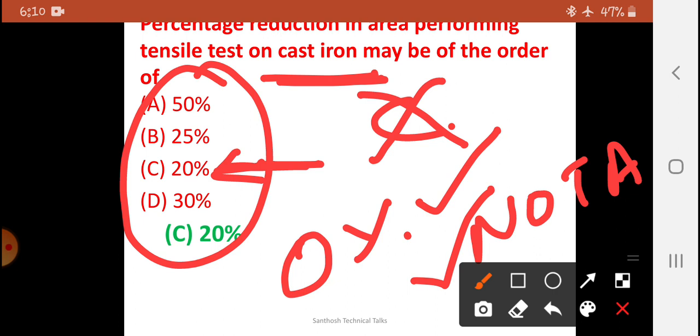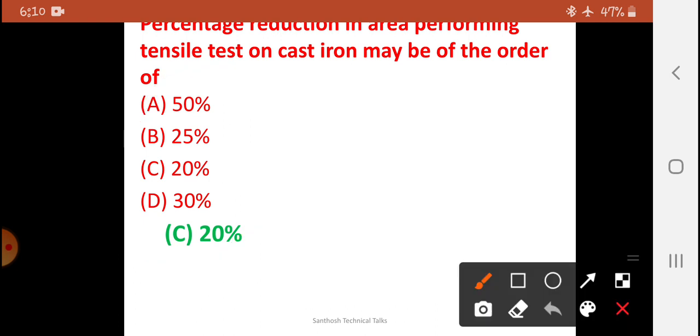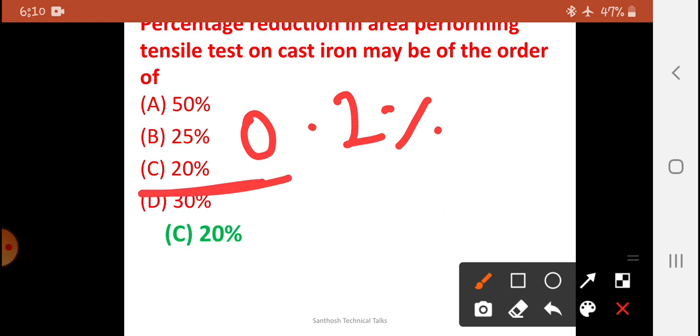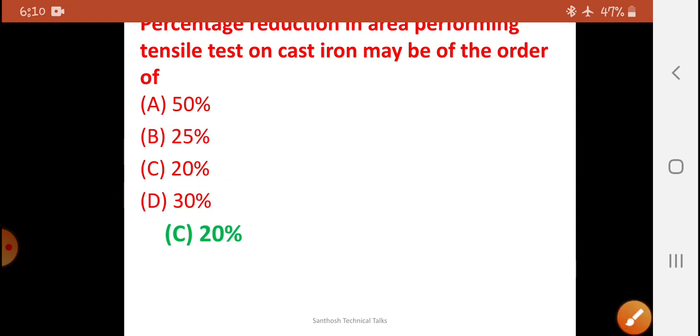Or sometimes we can say proof stress, which is 0.2 percent. Therefore 0.2 percent of the area of the stress. Maybe that may be an answer too.